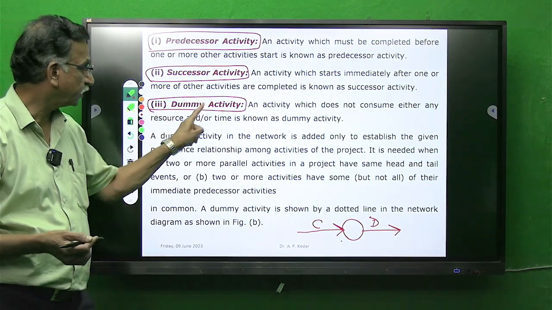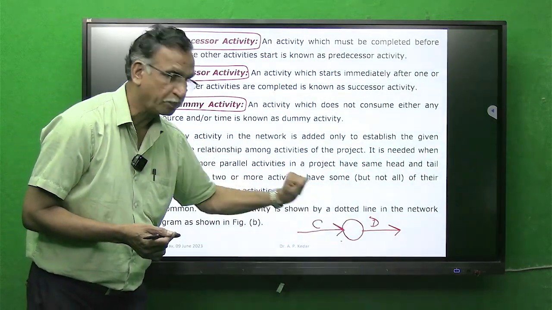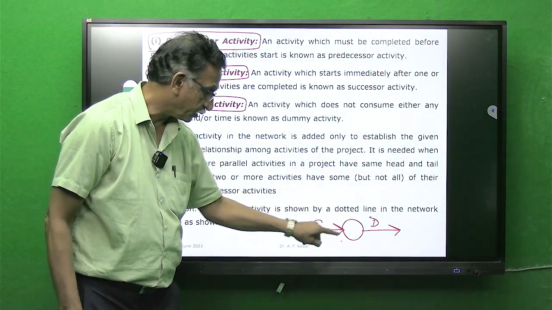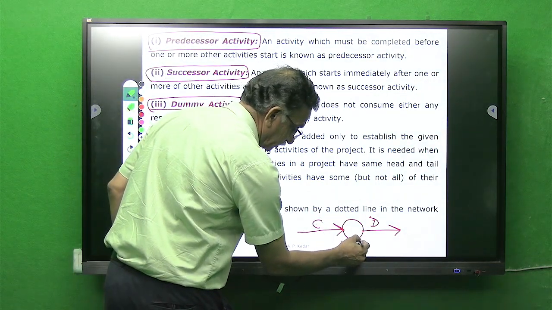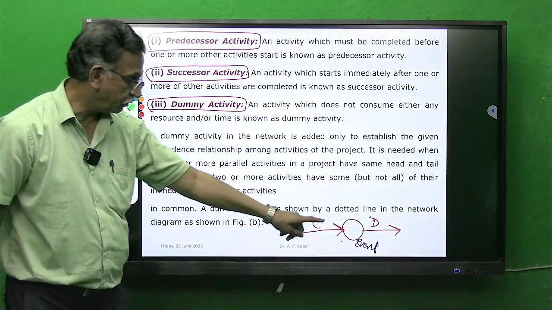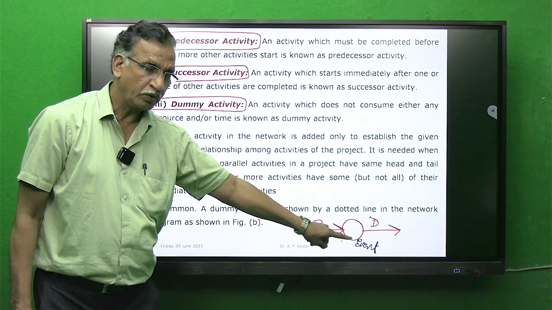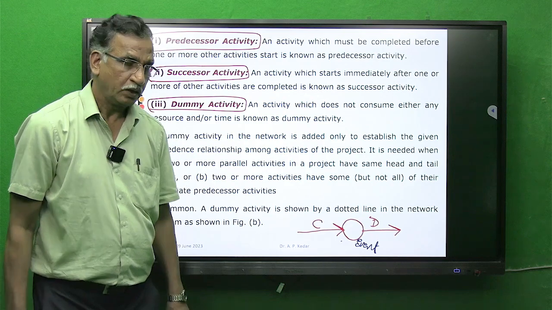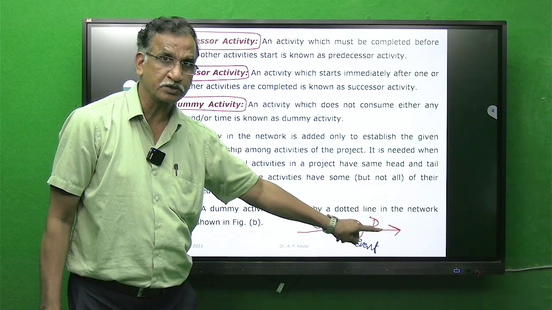We have seen dummy activity. It only shows dependency. Now, how to interpret this? This event, I will write here. What is this? This is an event. This event will be assumed completed when this C is completed, and this D can start. Very important aspect.